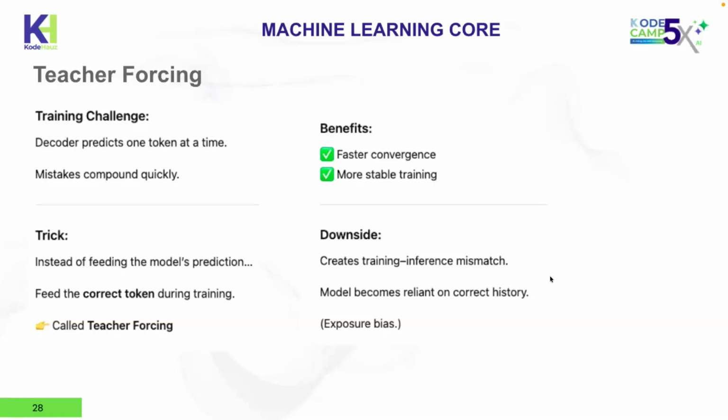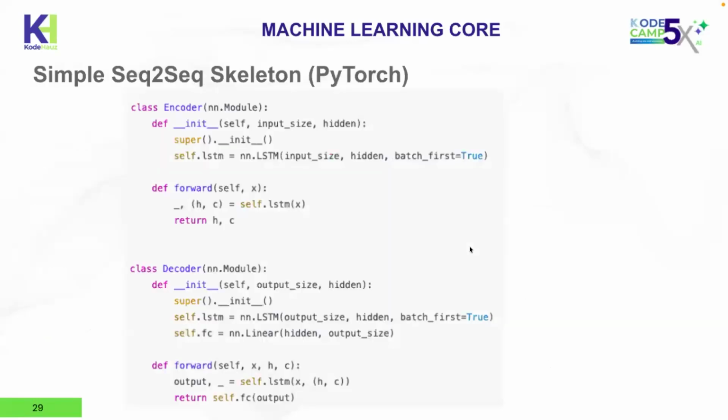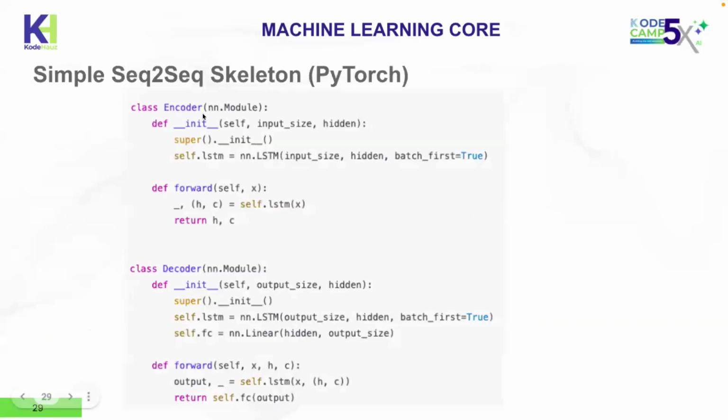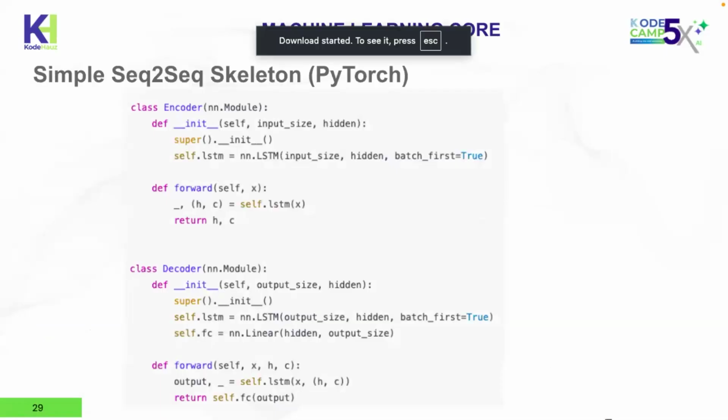So, and that's it, right? Now, this is example code for sequence to sequence. You can see a simple implementation of encoder and decoder. Now you see that the encoder is an LSTM, just a single LSTM with the input size and the hidden size, and batch first is true.